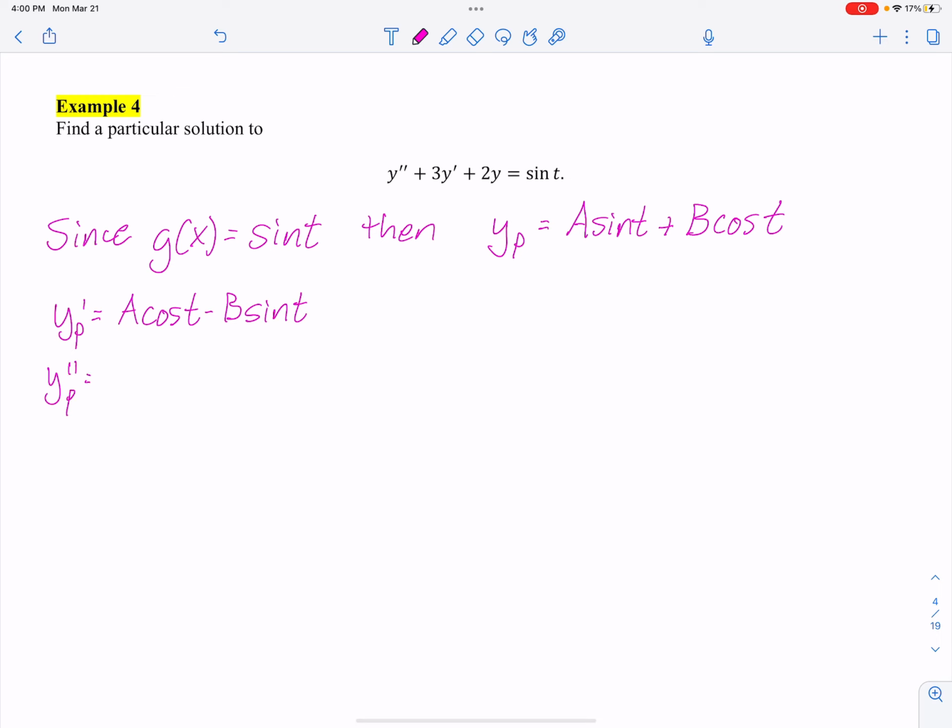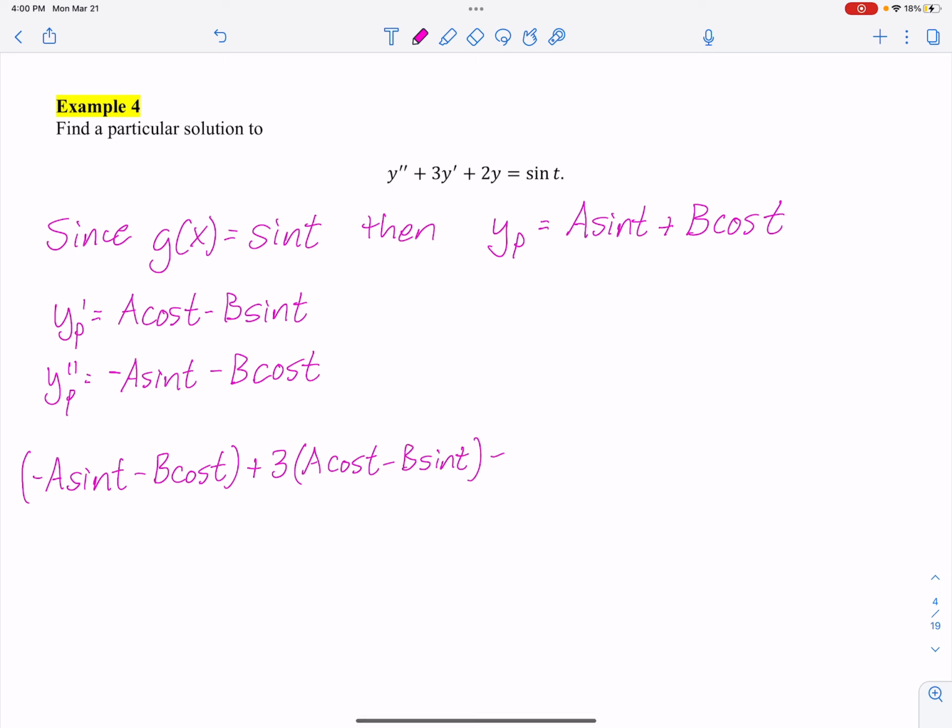Now plugging this back in, we get the second derivative, negative a sine t minus b cosine t, plus 3 times the first derivative, a cosine t minus b sine t, and then plus 2 times our guess, which is a sine t plus b cosine t. And we want all that to end up to just be a sine.